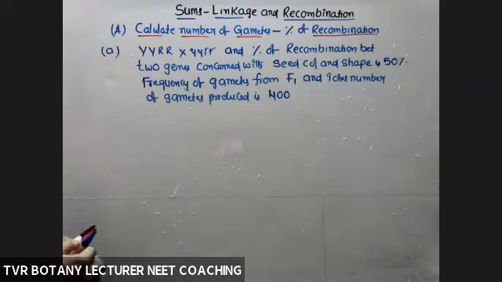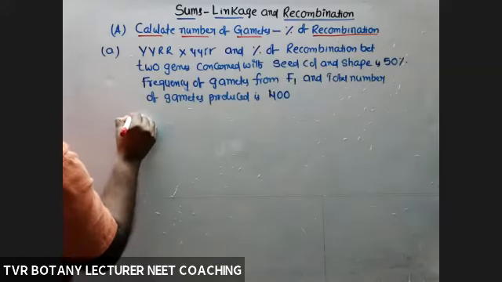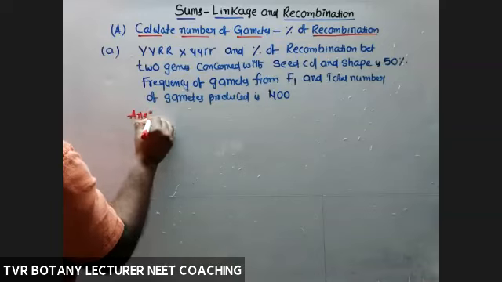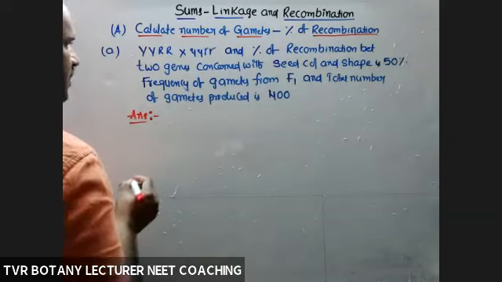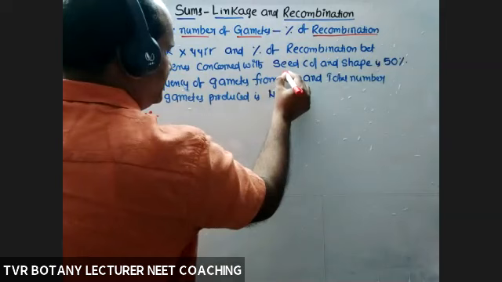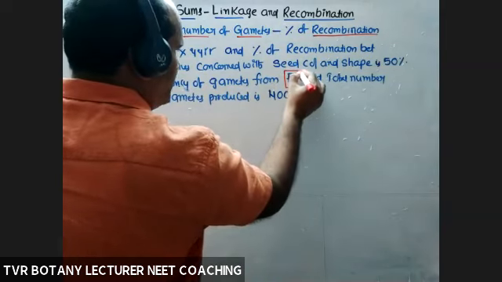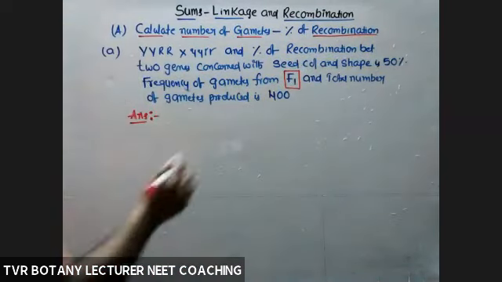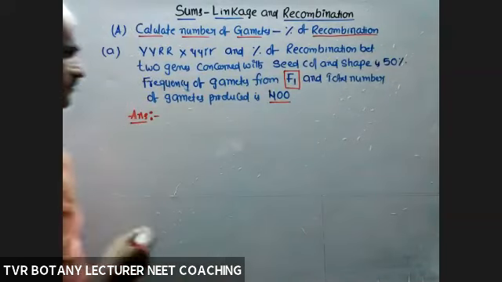So go back to independent assortment. With the help of independent assortment, you can calculate this one. They're asking the frequency of gametes from F1, and the total number of gametes is given.